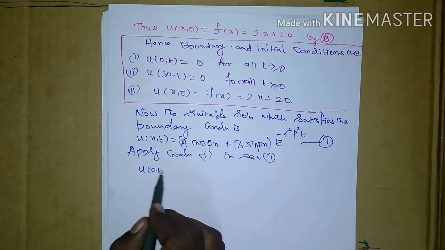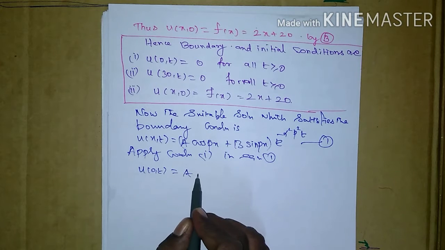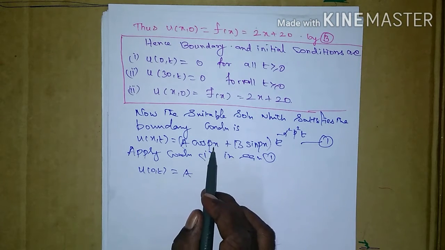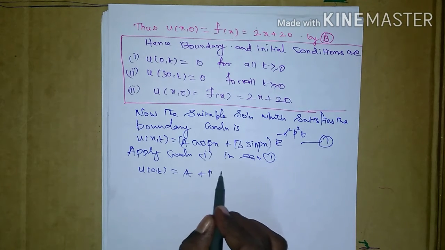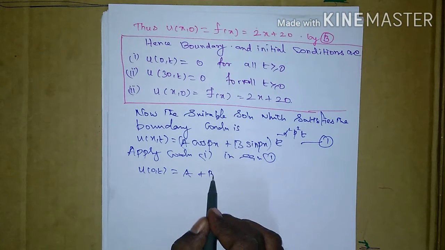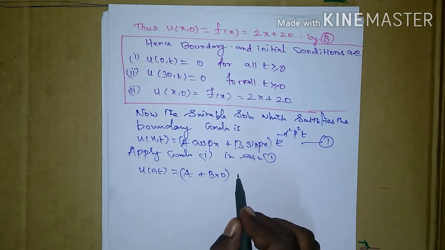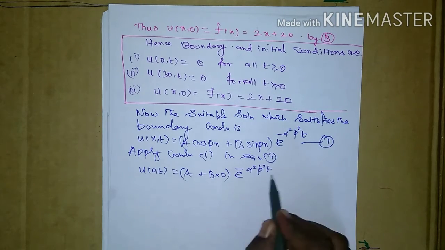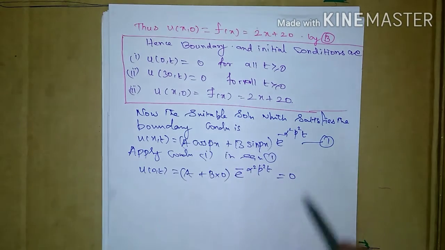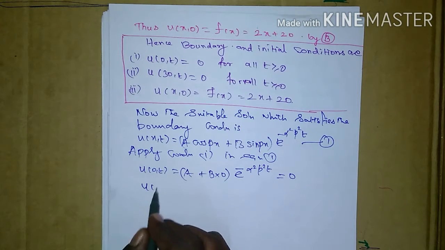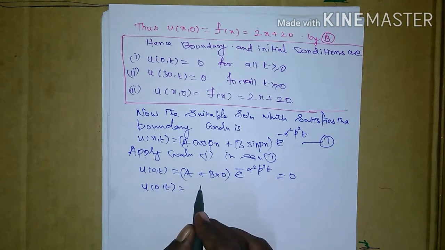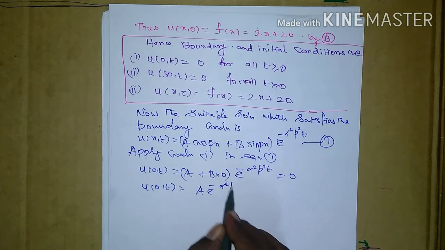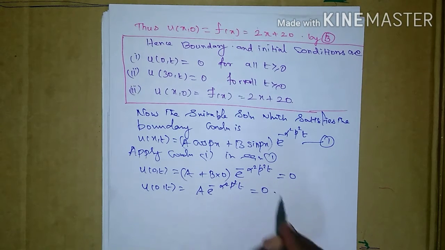U of 0 comma t is equal to a into cos 0 is 1 plus sin 0 is equal to 0 into e power minus alpha square p square t is equal to right hand side of the first condition, which is 0. Therefore, u of 0 comma t is equal to a e power minus alpha square p square t is equal to 0.